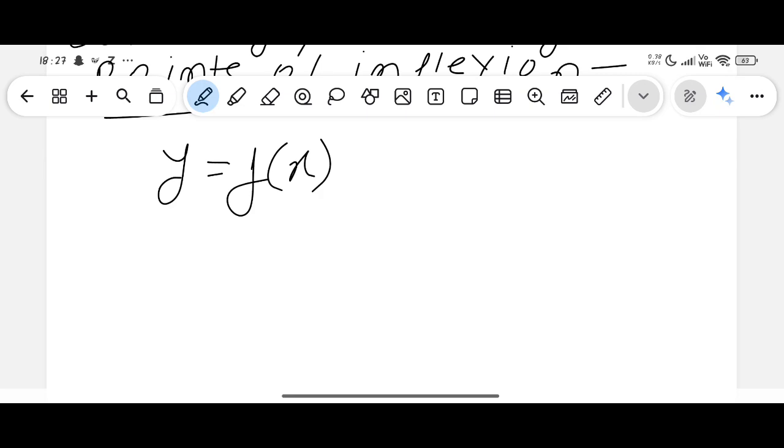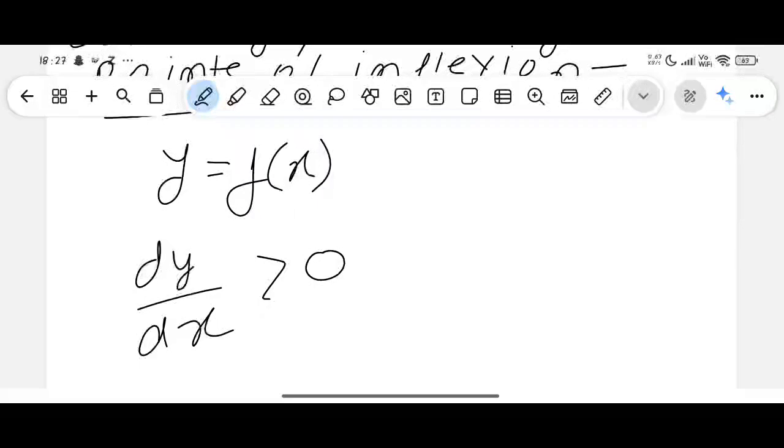How can we check increasing or decreasing? We differentiate both sides and take dy dx, and if dy dx is greater than 0, then we can say the function is an increasing function.